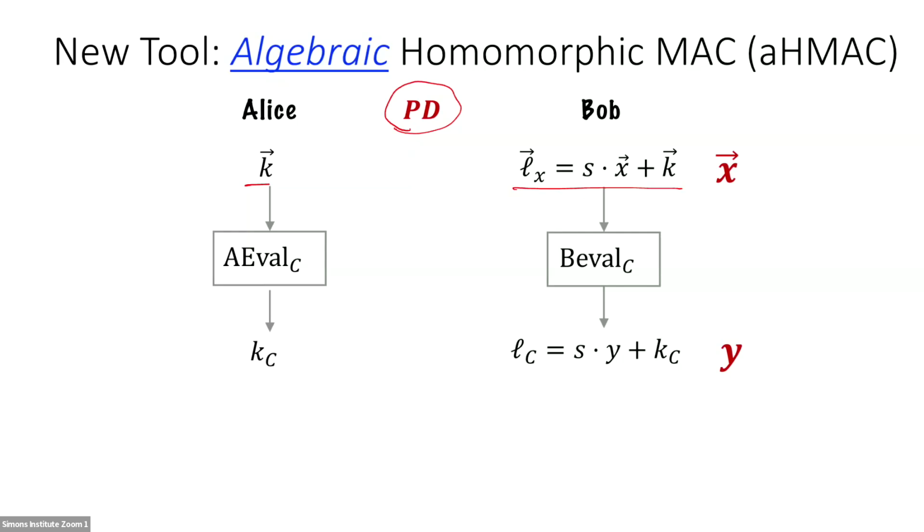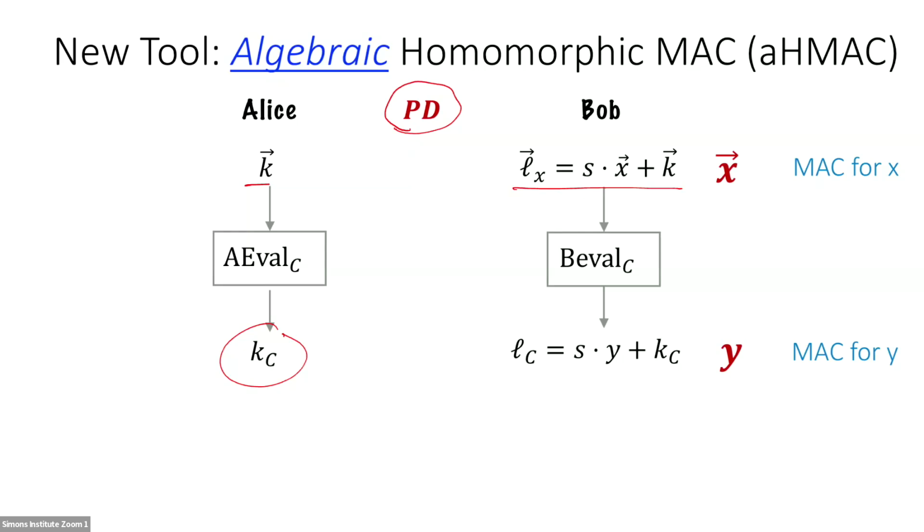In some sense, Bob is able to compute the entire output on his own, except that he cares about getting the authentication. So a MAC for X turns itself into a MAC for Y by Bob doing local computation. And additionally, Alice is able to locally compute the corresponding key that allows her to open the output Y.